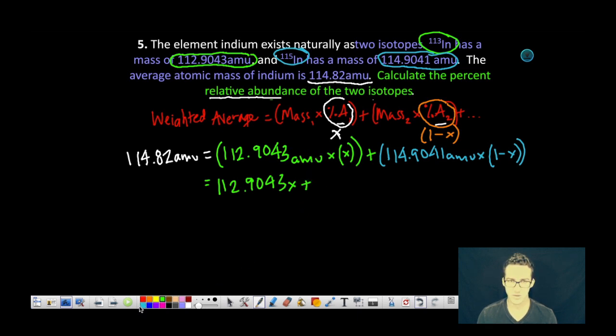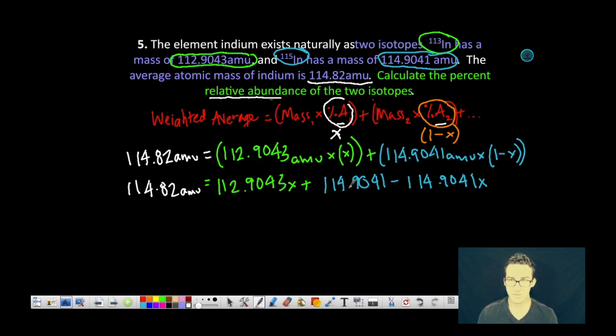Plus, we're going to do some distribution. 114.9041 times 1 is 114.9041 minus 114.9041x. And 114.82 on this side.